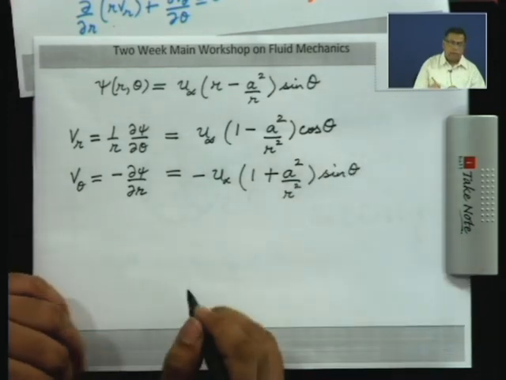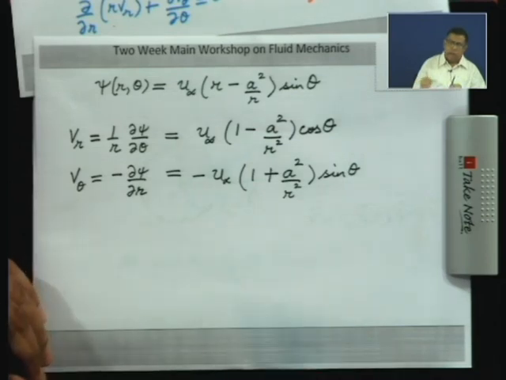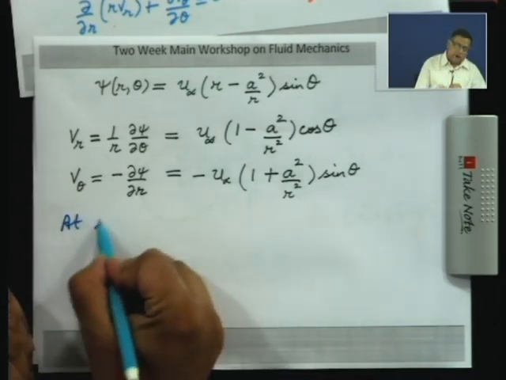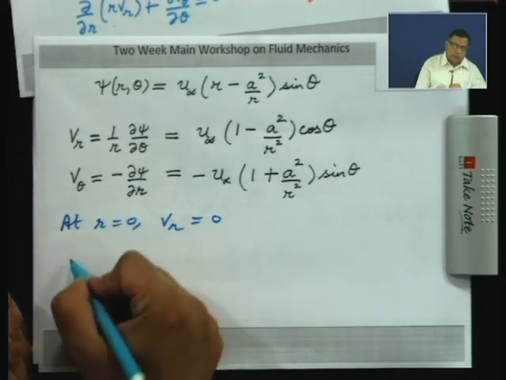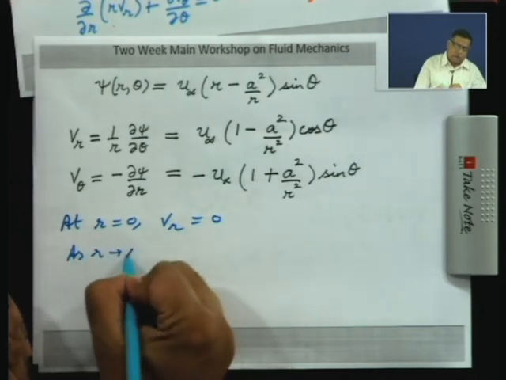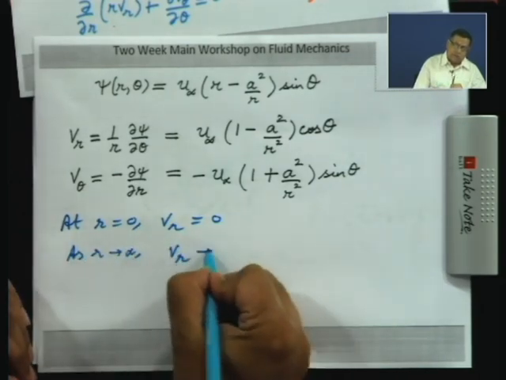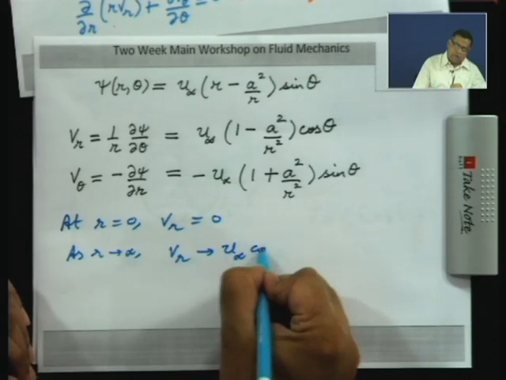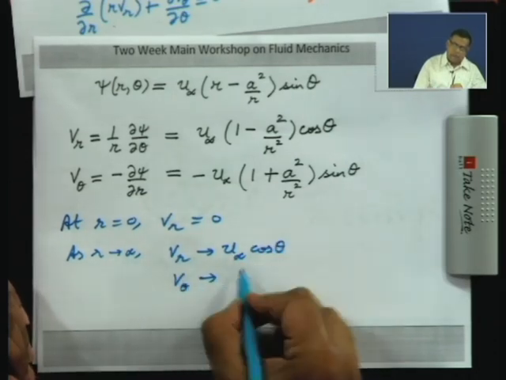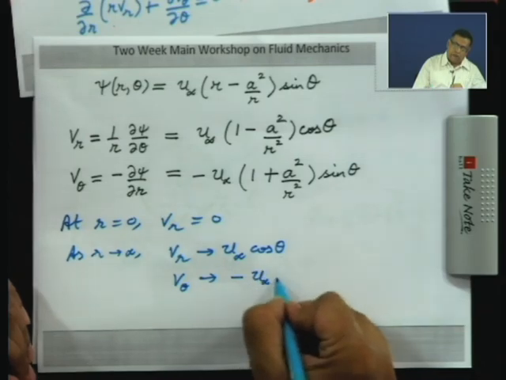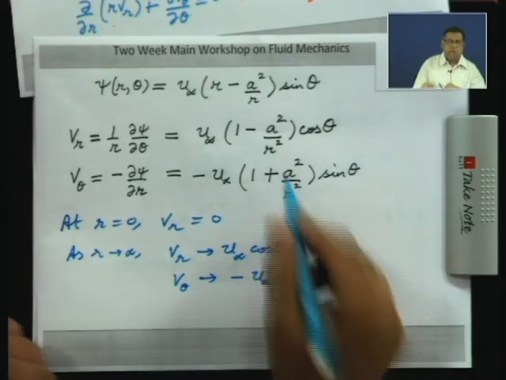So, this is plus a square by r square into sin theta. Now, you can check the conditions at r equal to a, V r is 0, that is satisfied. As r goes to infinity, V r approaches u infinity cos theta, and V theta approaches minus u infinity sin theta as this term goes to 0.